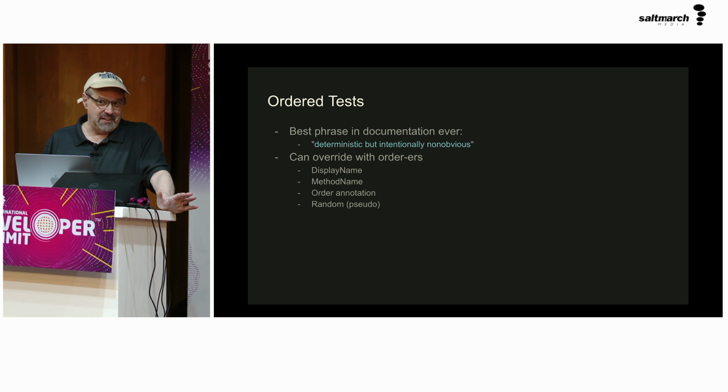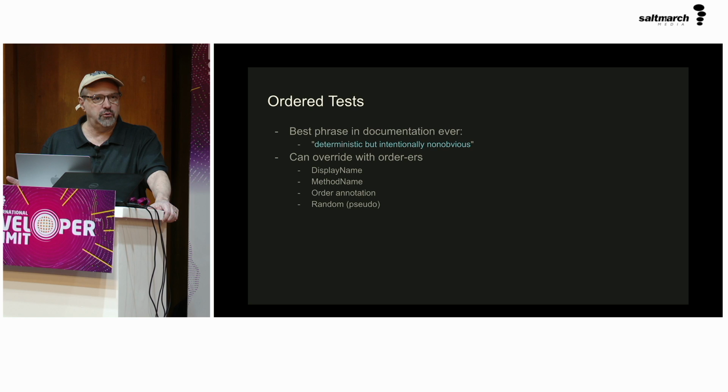Well, what they say in the docs is the order is deterministic, but intentionally non-obvious. I love that. Deterministic, meaning it'll be the same every time. It's not random. It's deterministic, but we're not going to tell you what it is. Intentionally non-obvious because they don't want you to rely on it. They want your tests to all be independent.